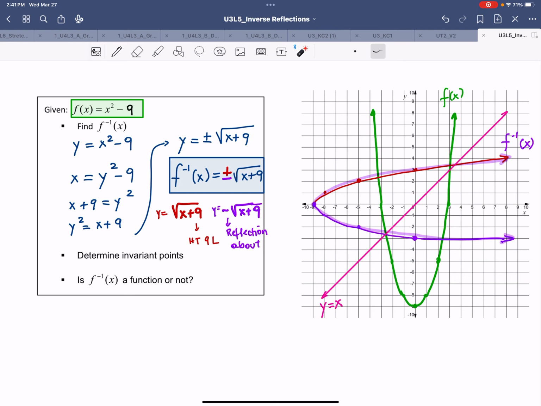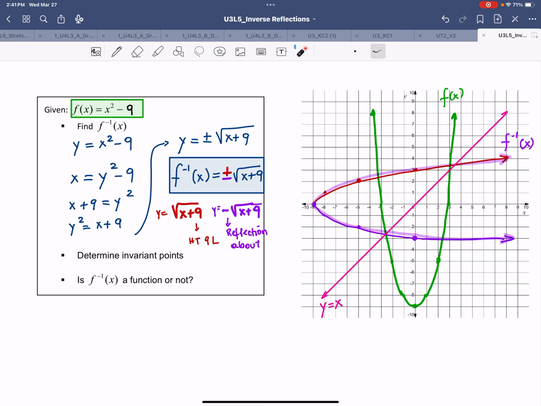So if you want to find the invariant points, it means that these are points that belong to both graphs. So we can use either the given function or the inverted function to find the coordinates of the invariant points. It is best to use the given function just to avoid any mistakes.